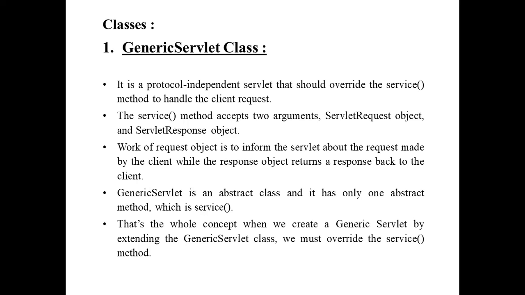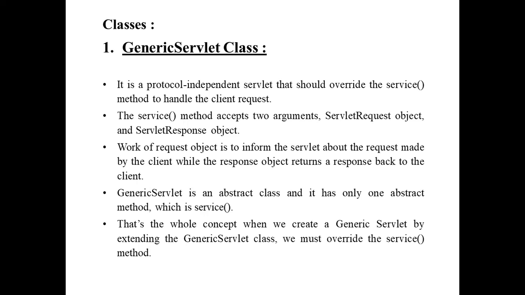The work of the request object is to inform the servlet about the request made by the client, while the response object returns the response back to the client. GenericServlet is an abstract class and it has only one abstract method, that is service.